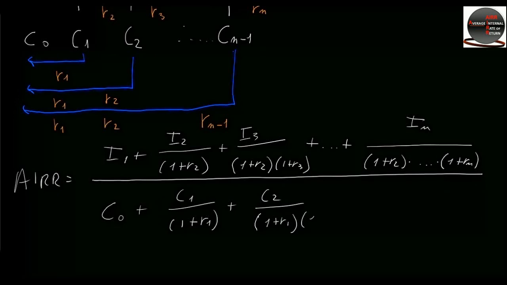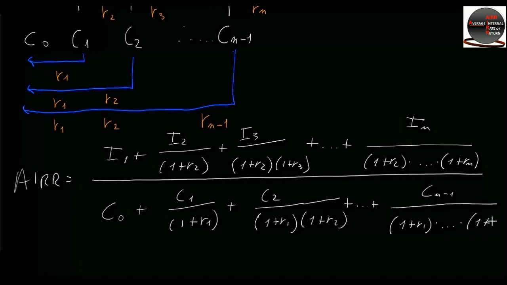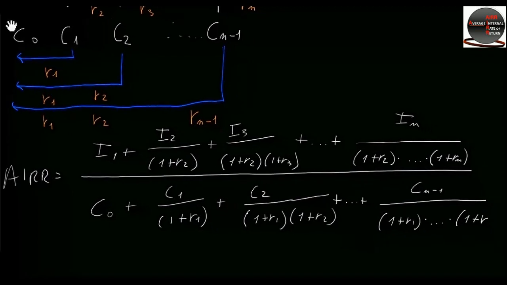So this involves only the first two costs of capital, and the last capital is discounted from time n minus 1 to time 0. I only write the first factor and the last factor, which is 1 plus R of n minus 1.